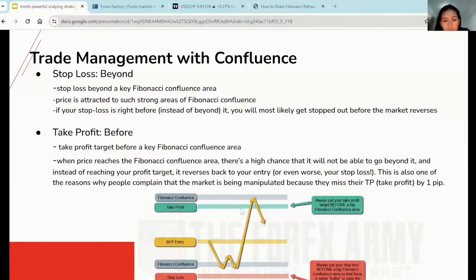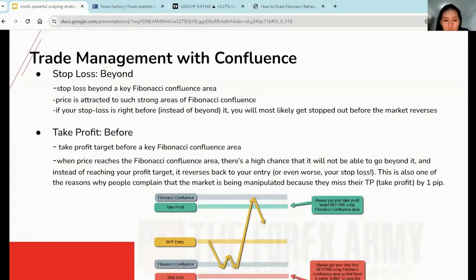When price reaches your Fibonacci confluence area or any resistance area, there's a high chance it won't be able to break out of it, which means we're expecting it to reverse back to our entry instead, or even worse, your stop loss. So that's also one of the reasons why people complain that the market is being manipulated, because they miss the take profit by 1 pip.